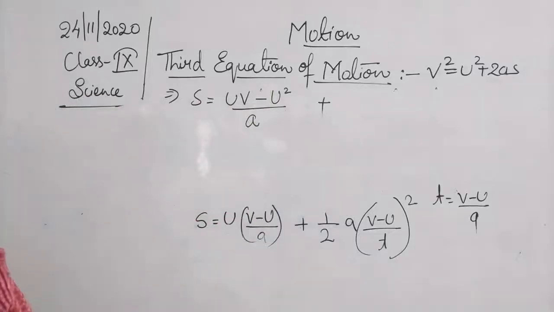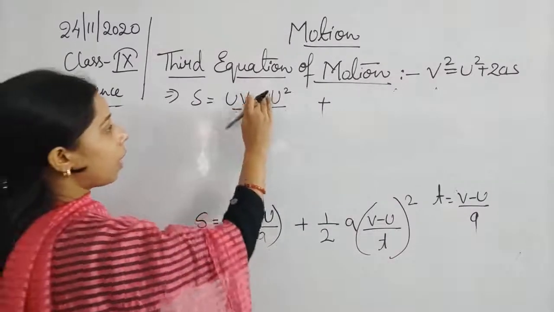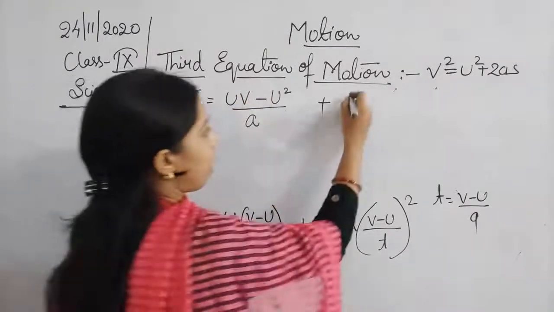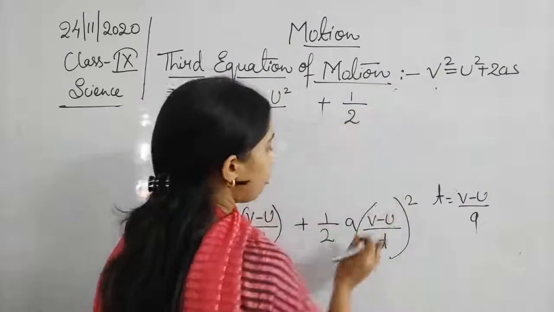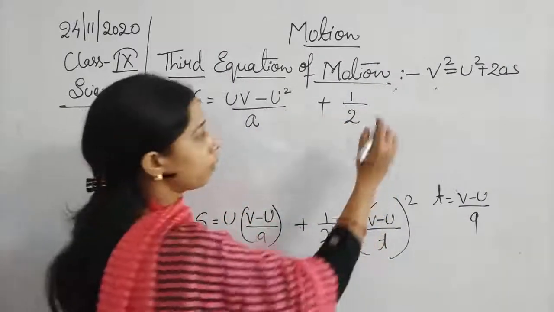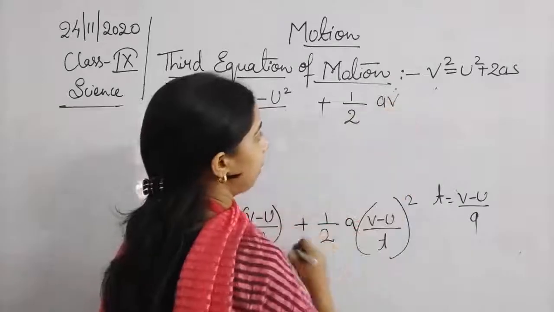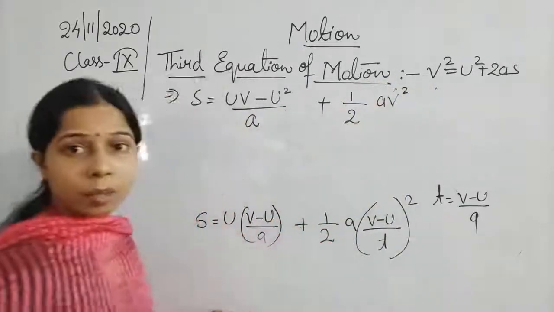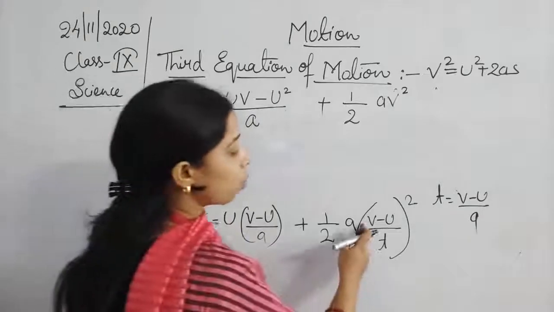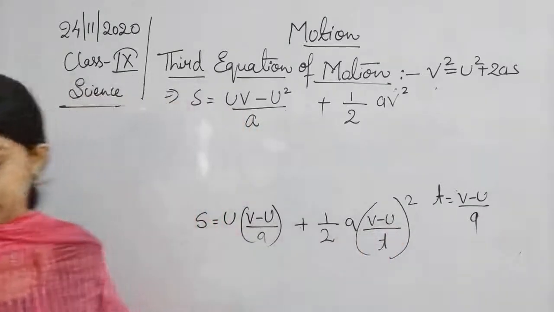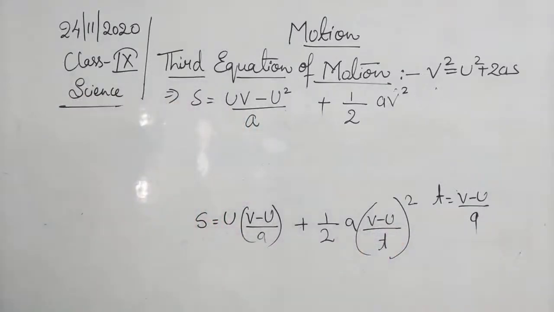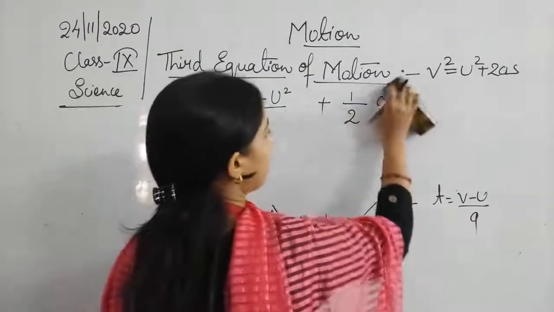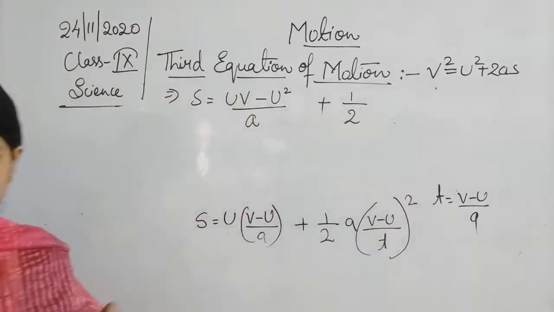So UV minus U square upon A plus half. Now A into V, so we will write here A V square, because it will be V square minus U square upon T square. Right? So before that, let me open this one.